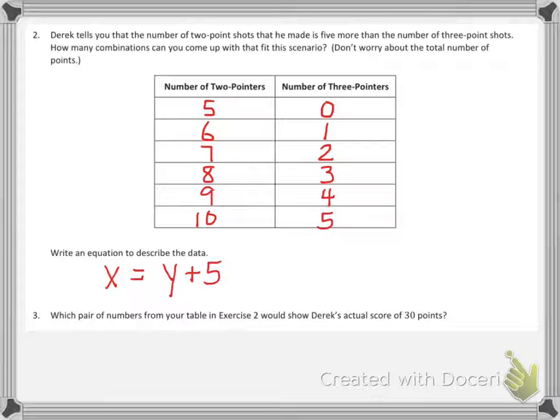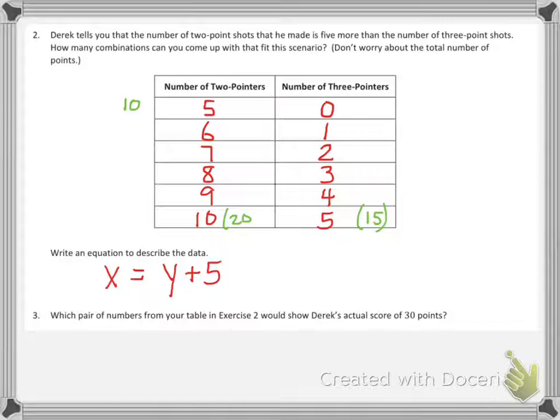And then it wants to know which pair of numbers from the table would show Derek's actual score of 30 points. Well, I'd have to figure that out. If he makes 0 3-pointers and 5 2-pointers, that's worth a total of 10 points. So that's definitely not it. This is too low. And if I went to the bottom here and checked that one, 5 times 3 is 15. 5 3-pointers is worth 15, and 10 2-pointers is worth 20.